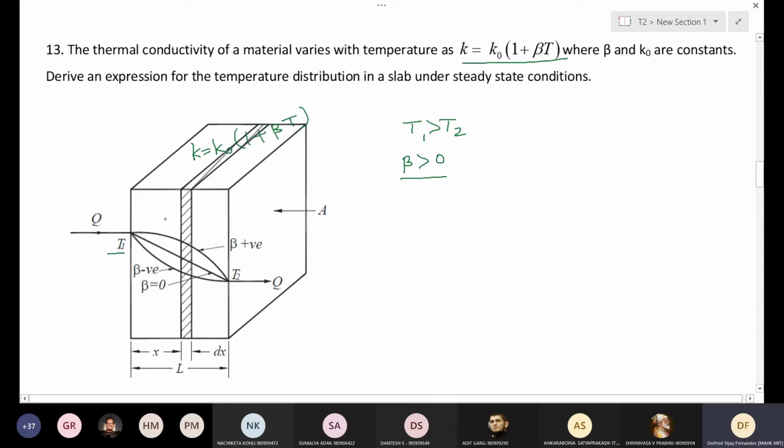So thermal conductivity is more on the left side. Clearly you can see that because temperature is more, beta into T, that T value is large. So this 1 plus beta T will be the large value at the left surface compared to the right surface. So K left surface is greater than K right surface.